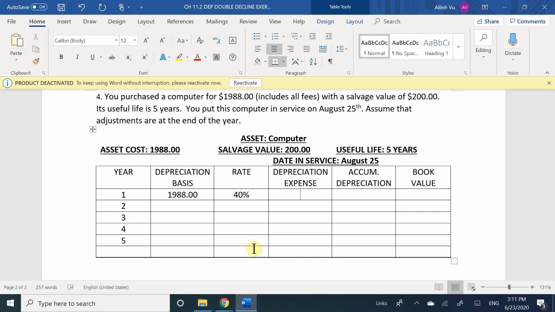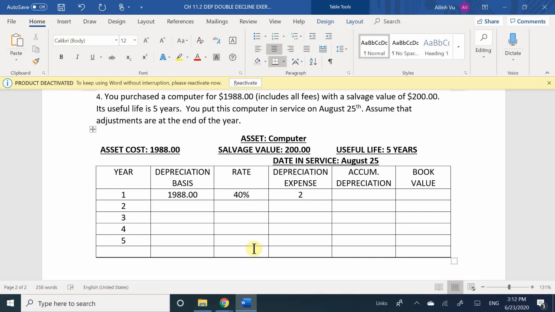So 795.2 times 0.33. You probably didn't extend it long enough. Okay, I probably rounded too early.